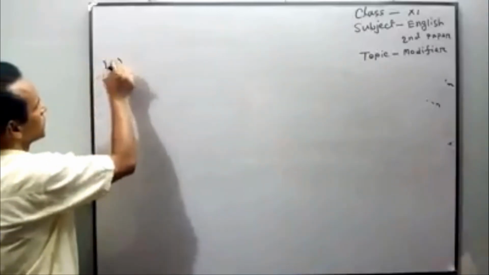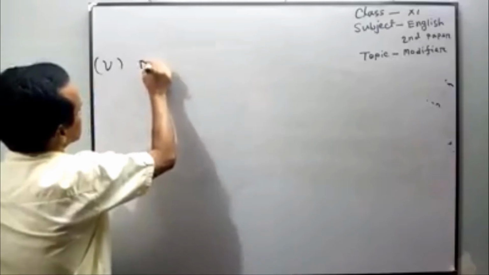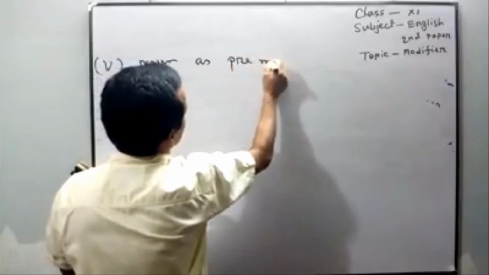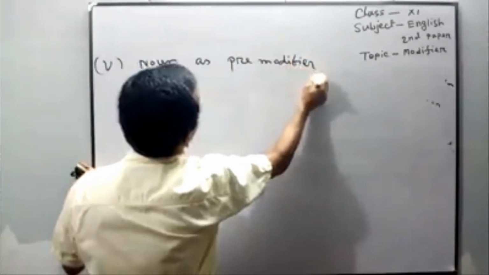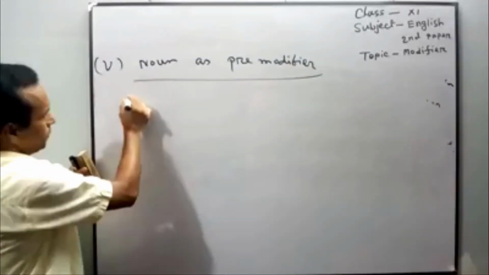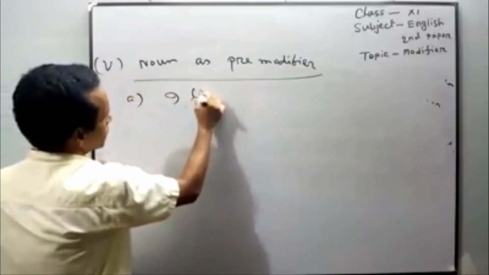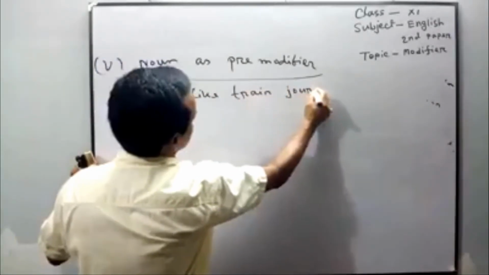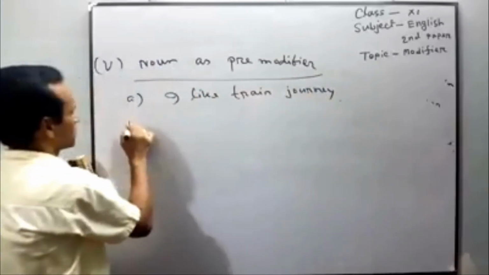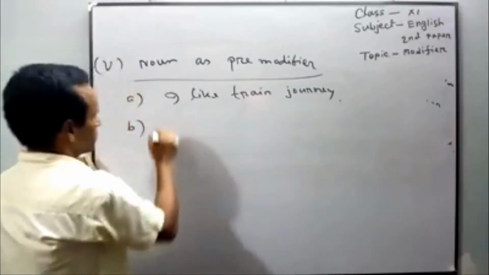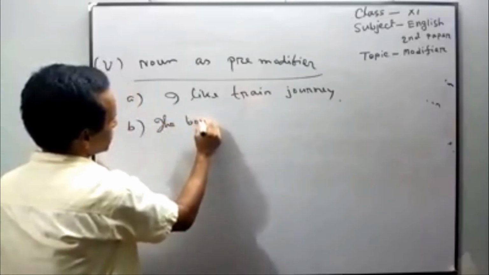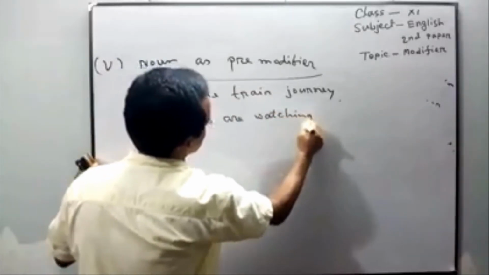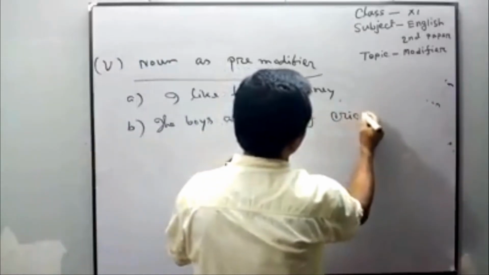Next, noun as pre-modifier. For example, I like train journey. The boys are watching cricket match.